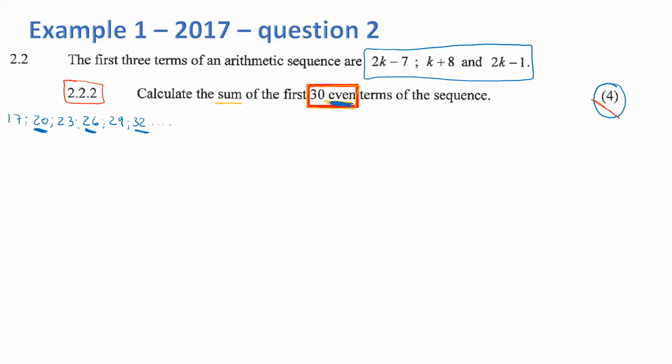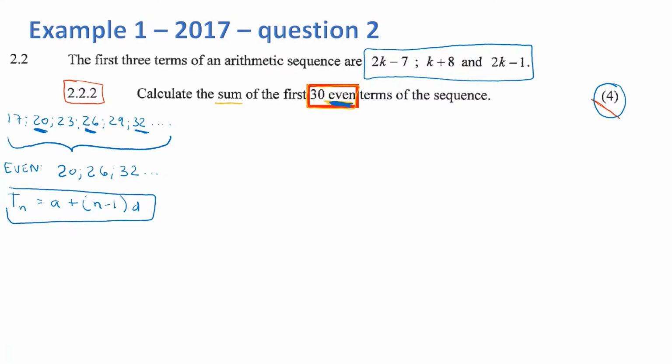To do that, I'm going to make a subset of this and pull out the even numbers. So we're going to have a new sequence, a subsequence that's going to contain 20, 26, 32, and so on. Now, immediately we apply this equation again. So we've got this to solve here, equals a plus n minus 1 times d.